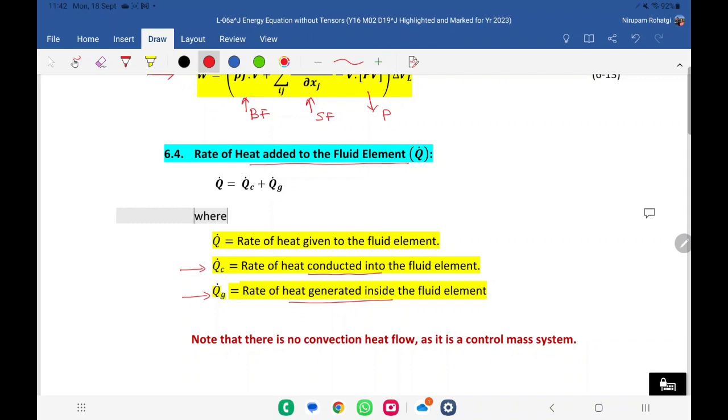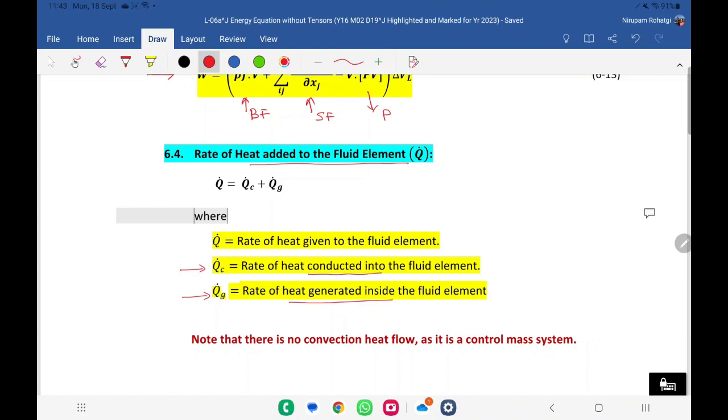So there are two ways in which the heat enters in or comes out. One is through convection, when the mass also flows in or out. The second is diffusion, when because of temperature gradient heat flows in or out.